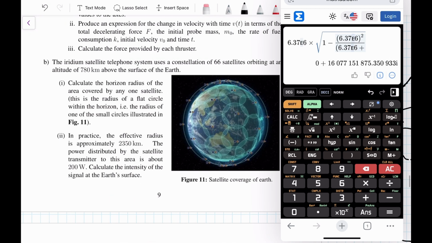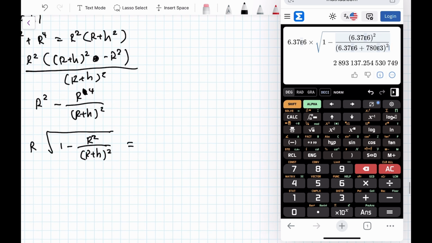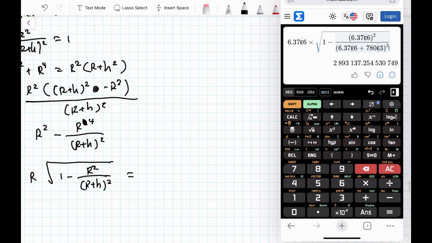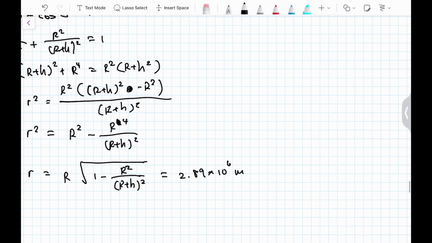The height is given as 780 times 10 to the 3. So that is 2.89 times 10 to the 6 meters. Okay, now this should be the answer to the first part of the question.